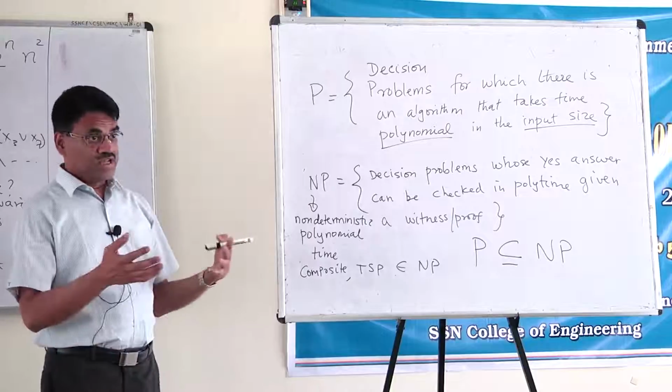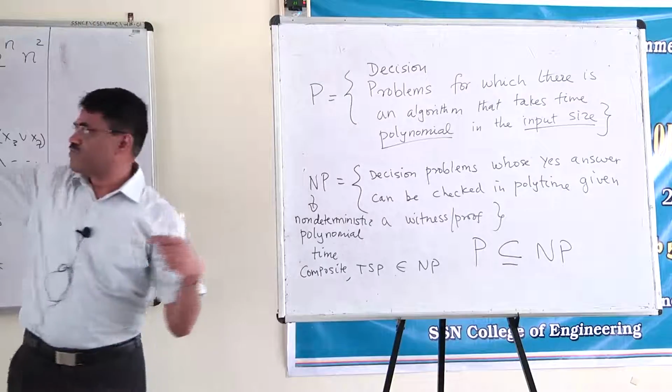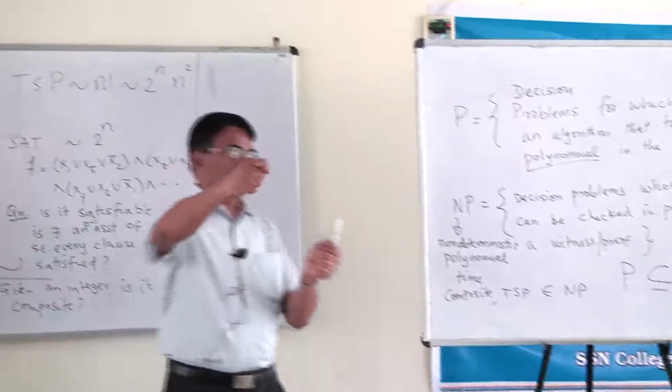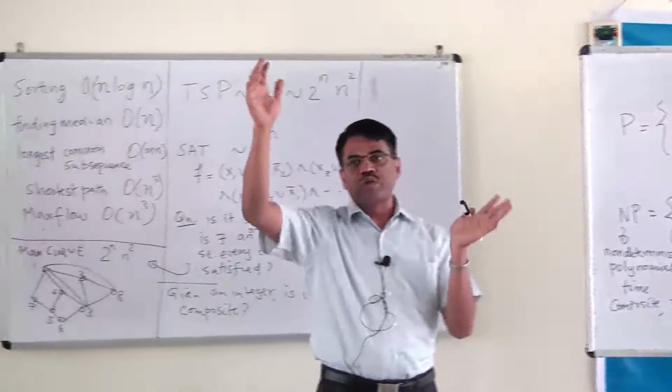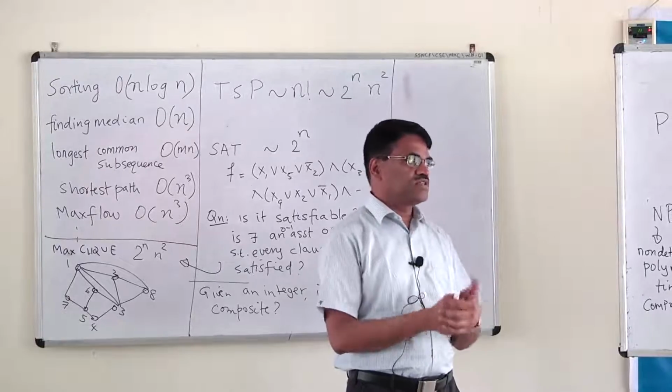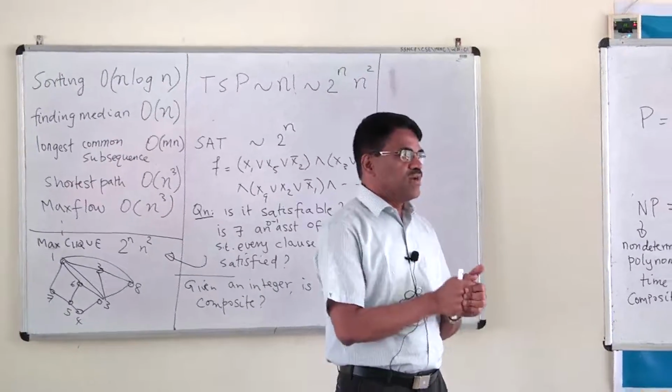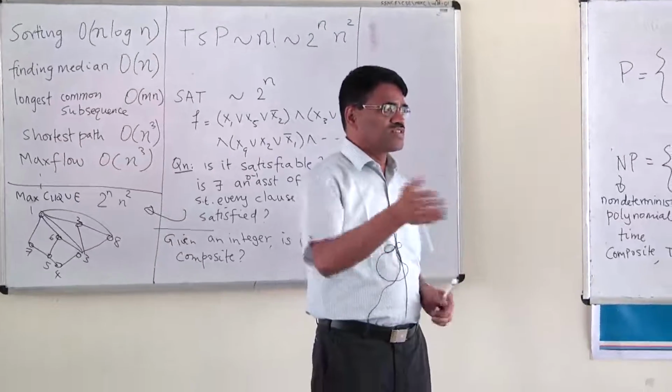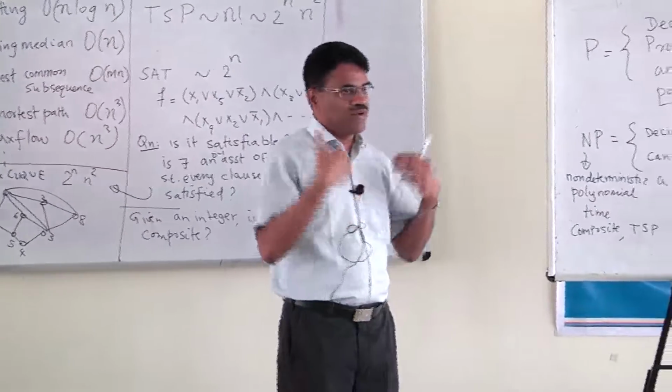So suppose there is a problem like shortest path. Is there a path from here to there of length at most 25, something like that? I give you this graph and you come back and say, yes, there is a path. You can give me a witness. But I can even ignore your witness because I'm a polynomial time machine.